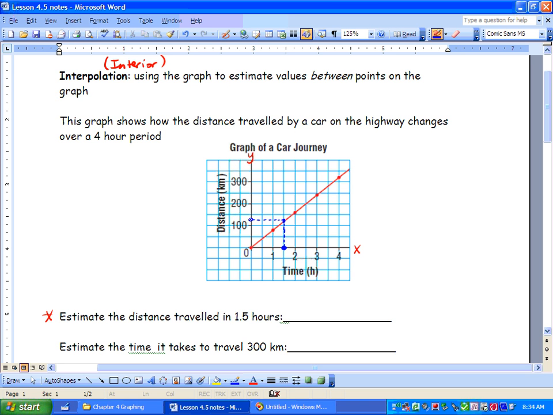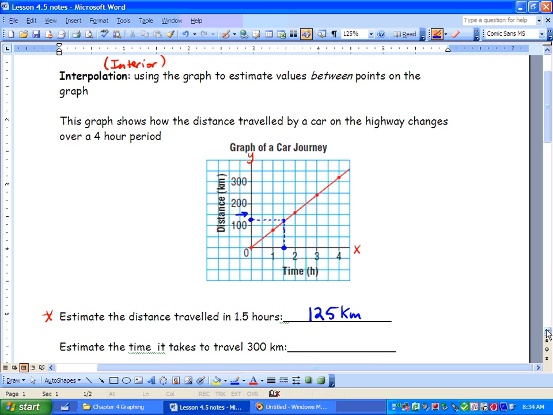And this point where our graph hits on the distance is going to be an estimation of the distance that we travel in 1.5 hours. All right, so if we look, well, we know that's half, that's 150, so it's going to be about right in between, and we're going to get 125 kilometers.